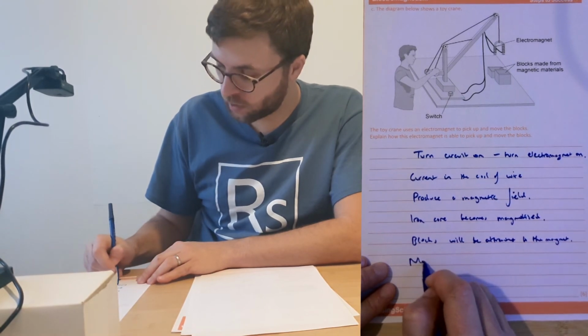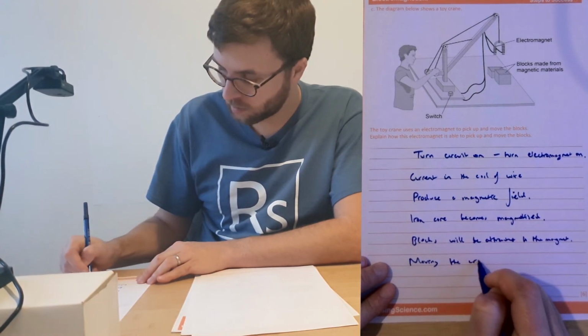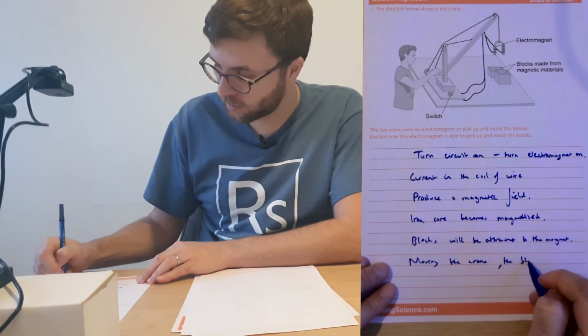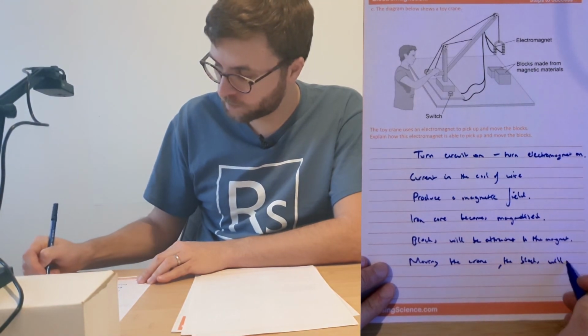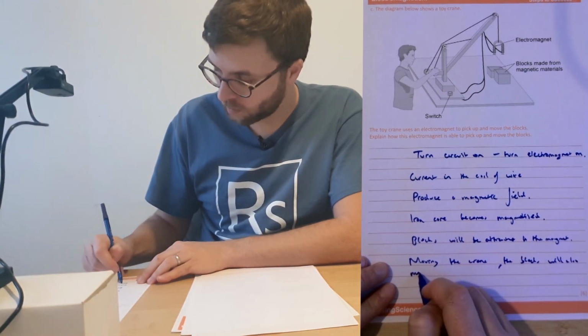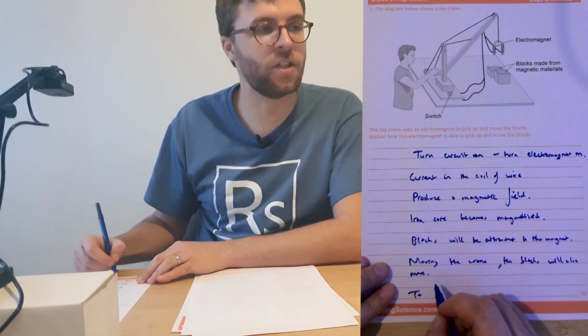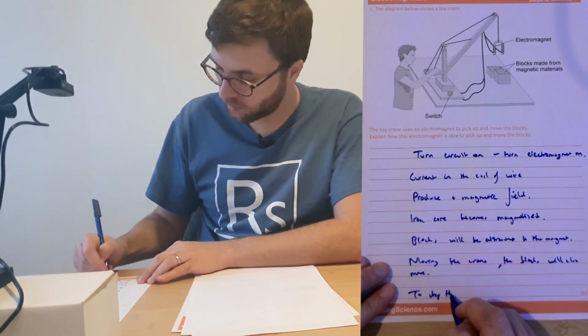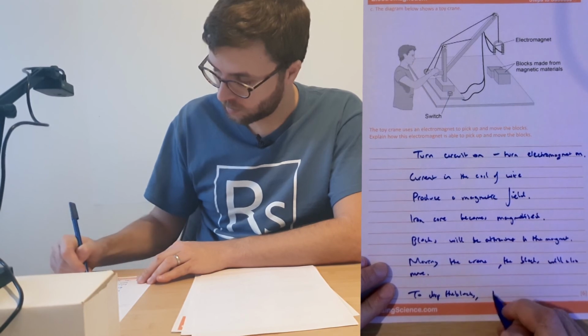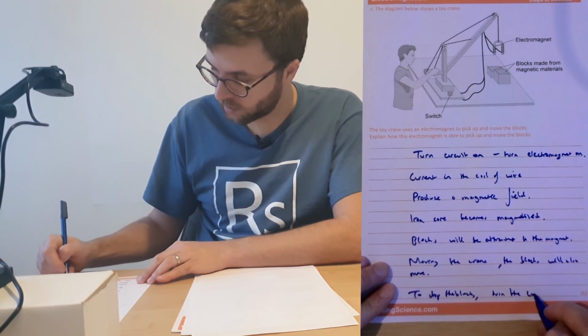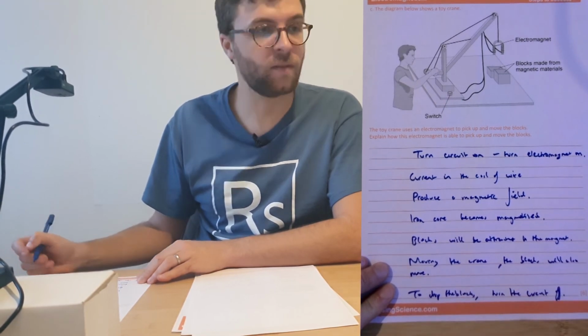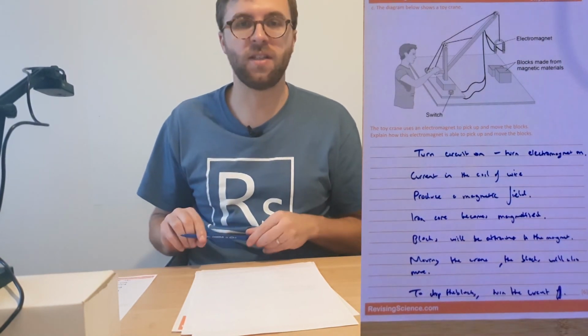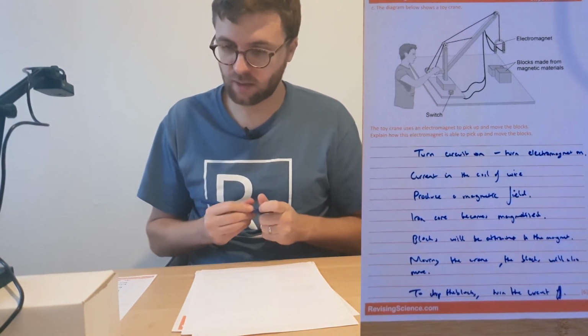And then by moving the crane, the blocks will also move. And then finally, to drop the blocks, turn the circuit off. And that's plenty of marks to get us our 6 marks.